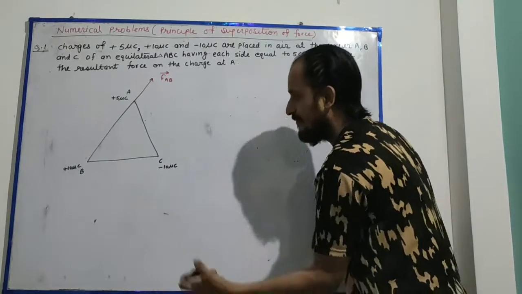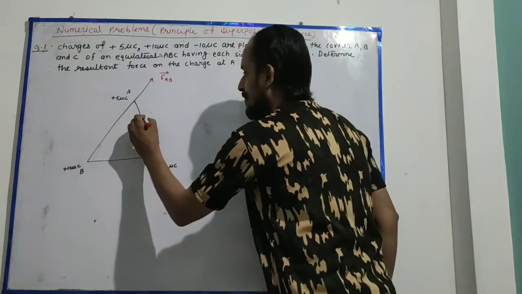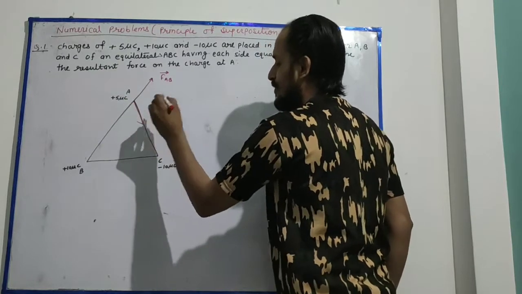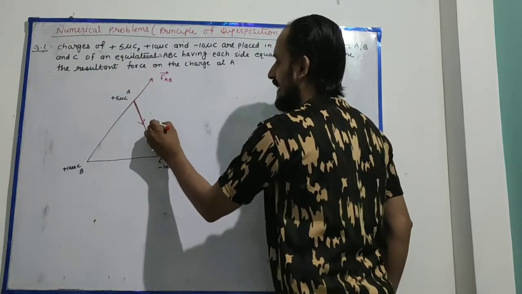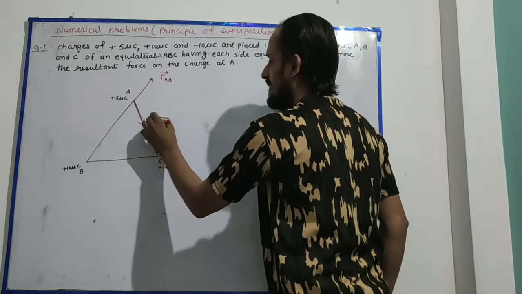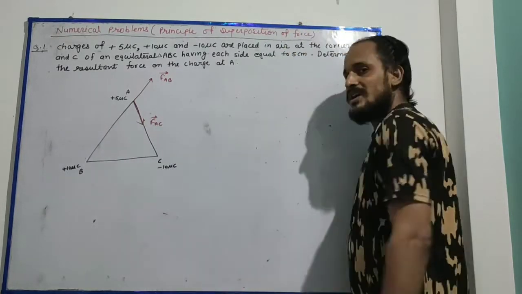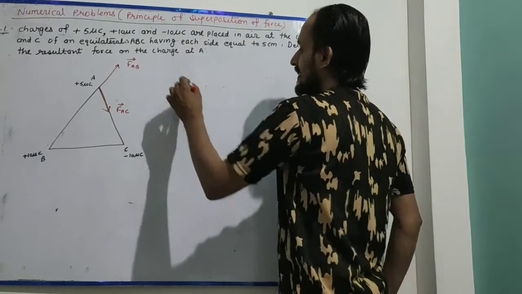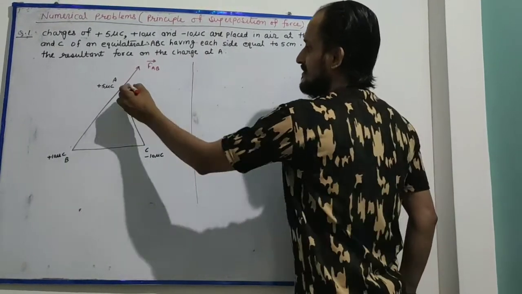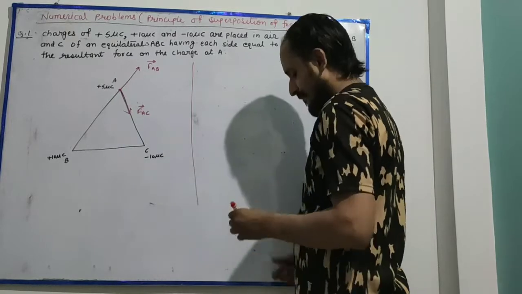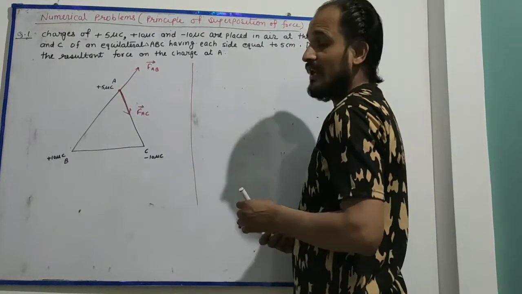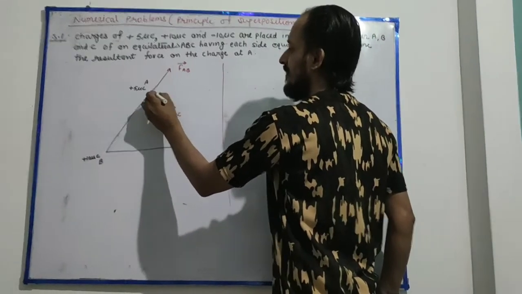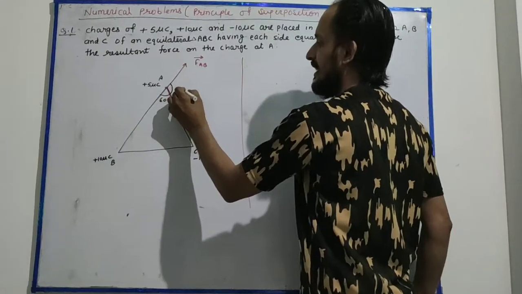It is attractive force, so the direction of force would be inward, and we can write it FAC, which means force on charge A due to charge C. There are two forces exerting on charge A. We know that it is an equilateral triangle, so this angle would be 60 degree and this would be 120 degree.